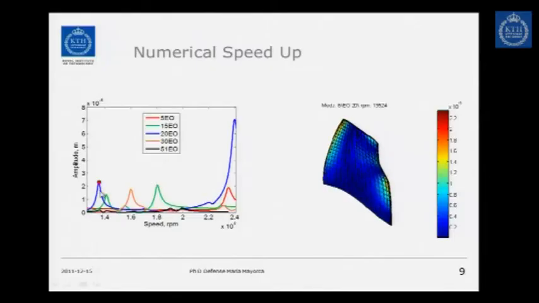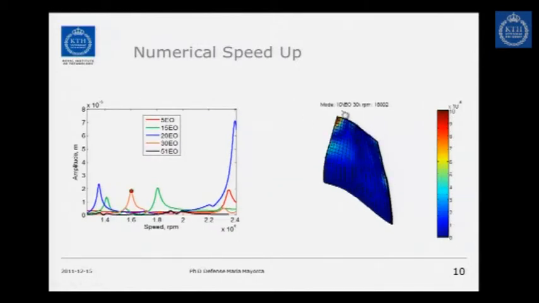At one specific speed, one mode shape will react at resonance. And this is a blade mode shape. You see it's a specific shape with a specific amplitude, which is this peak here, and at a specific frequency. But if I move to a different speed, then I see another mode shape with a different frequency and a different amplitude. So what I need to know is how this amplitude is.